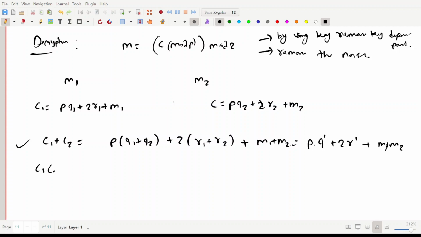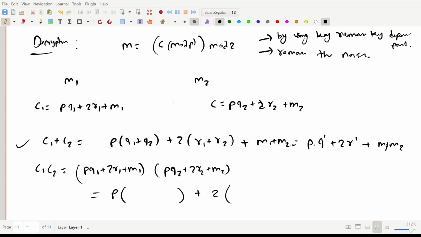What about multiplication? If I multiply C1 into C2, that is (PQ1 plus 2R1 plus M1) multiplied with (PQ2 plus 2R2 plus M2), you will see that there will be some terms which have P everywhere, some terms which are multiplied with 2 everywhere, and at last there will be one term which is M1 into M2.